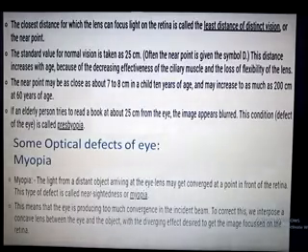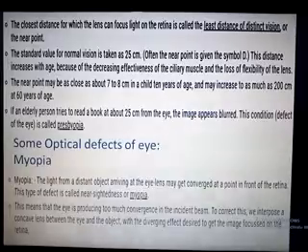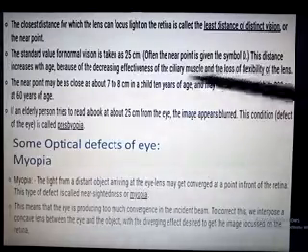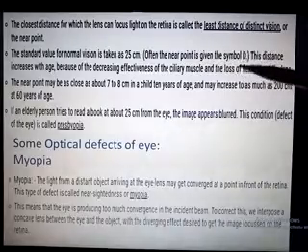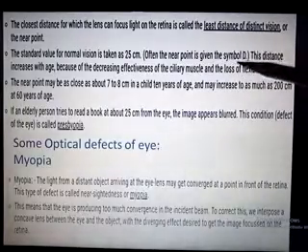The standard value of normal vision is taken as 25 centimeters. And we always use the symbol D for the near point.